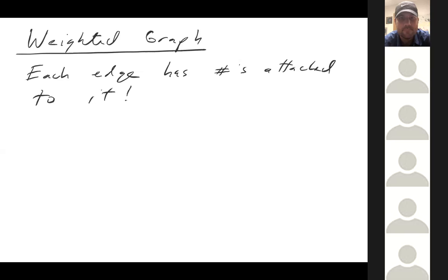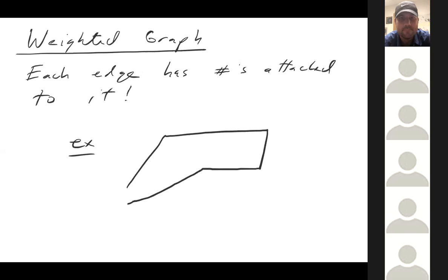So for example, I could create a simple little graph like that. And I've got A, B, C, D, E, and F. And let's say these are cities in the state of Michigan.